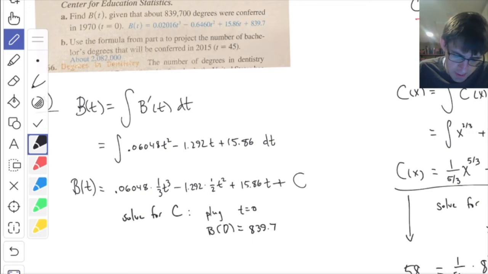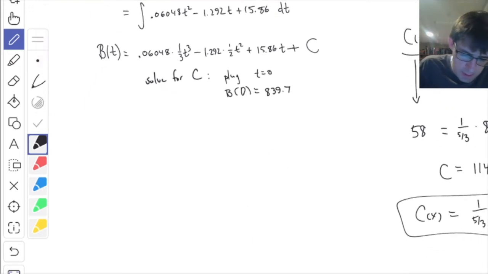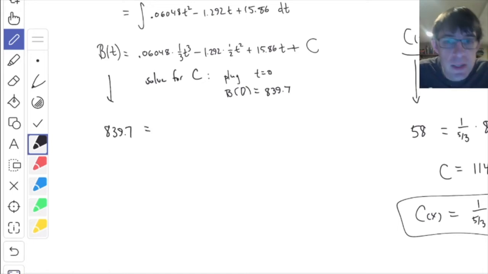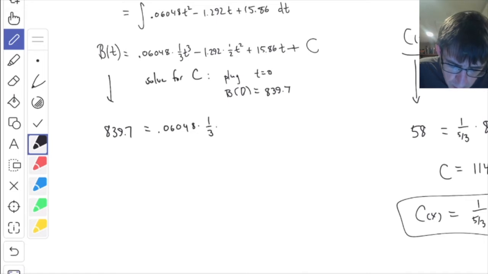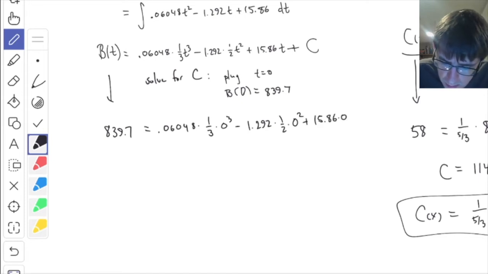Anyway, let's get it going here. So this b of t becomes b of 0, which is 839.7 equals, and then on the right side, I'm plugging t equals 0 every time. 0.06048 times 1/3 times 0 cubed minus 1.292 times 1/2 times 0 squared plus 15.86 times 0 plus c.